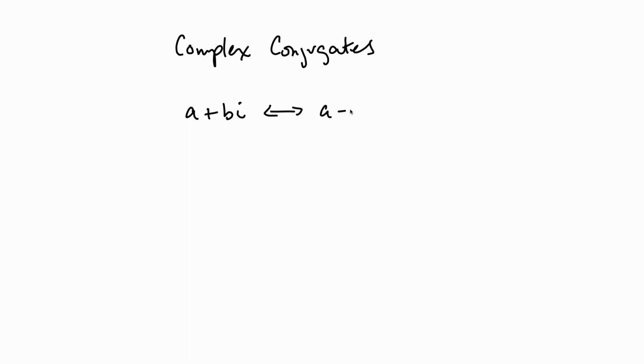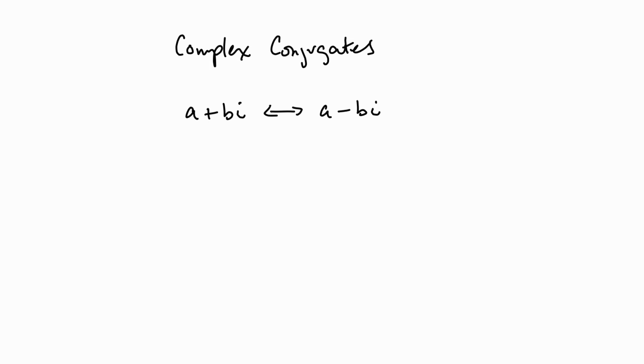The other thing I wanted to tell you about complex numbers is about complex conjugates, which are pairs of complex numbers that look like this. So if I've got a plus bi, its complex conjugate is a minus bi.